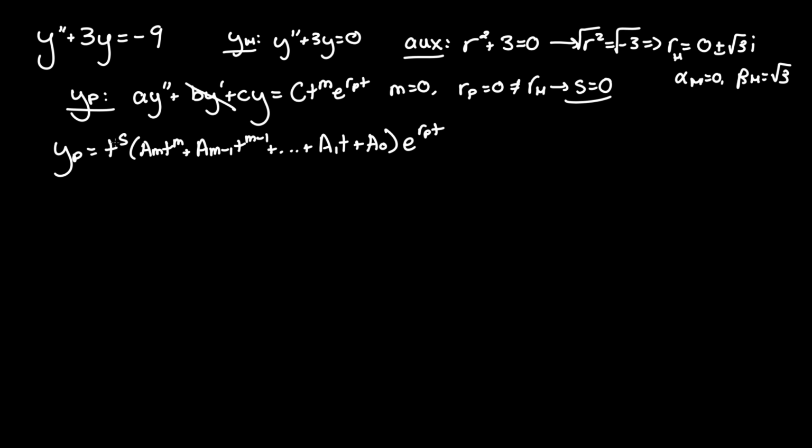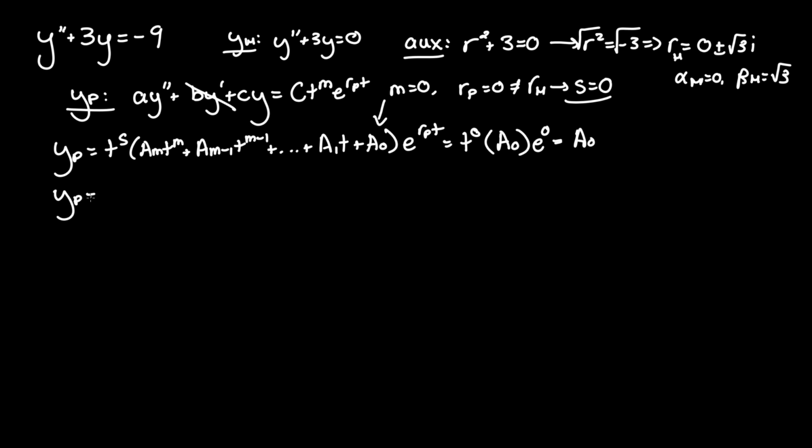As we said before, s equals 0, so we take t to the 0, which is 1, and all we have is m equals 0, so we don't even have an a1 t term or anything above that power, where a's are all constants. All we have is a sub 0, so we just put in a sub 0. And we also said rp was 0, so e to the 0. And reducing this, we have a sub 0.